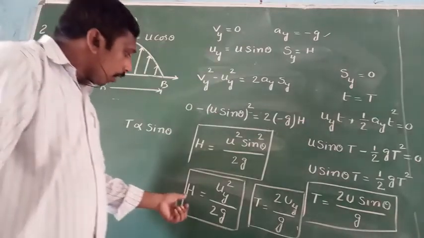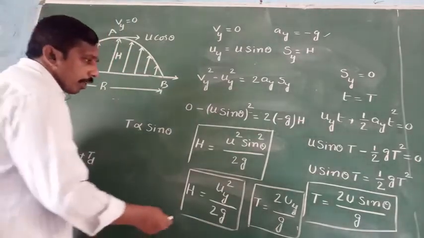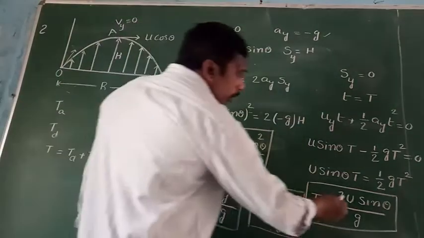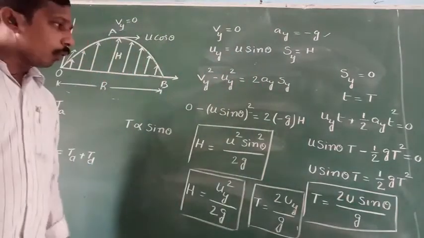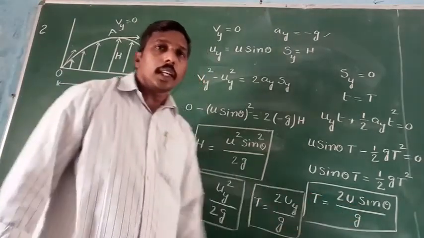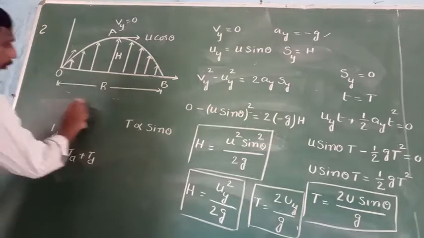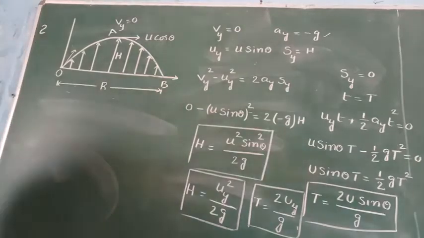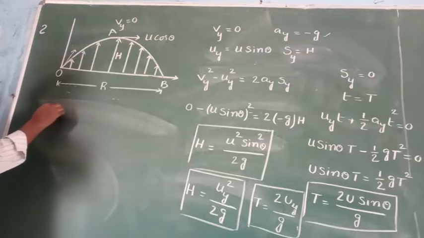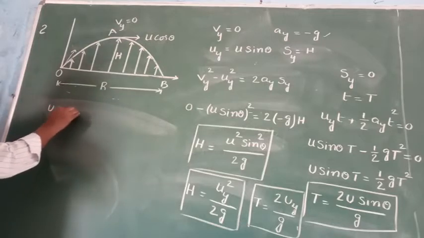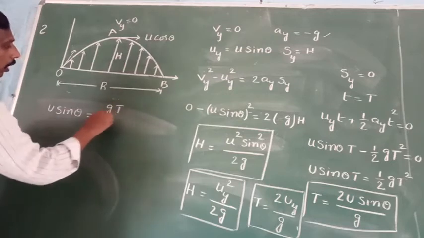Here we can derive the relation between time of flight and maximum height. From the time of flight equation, u sin theta is equal to gt by 2.